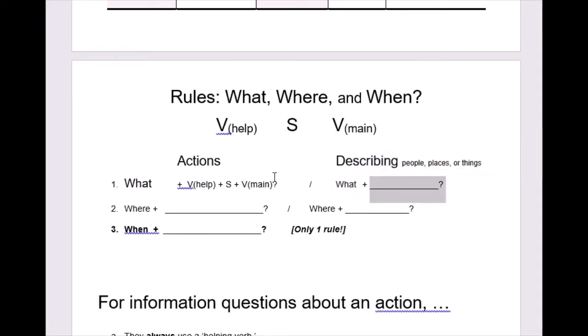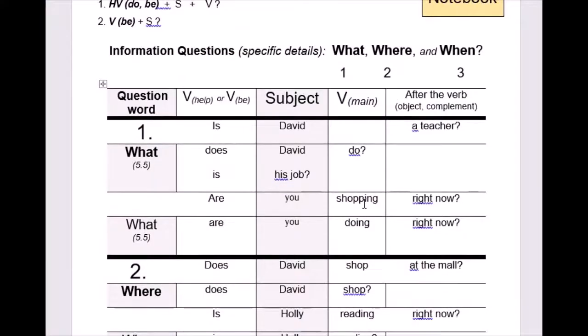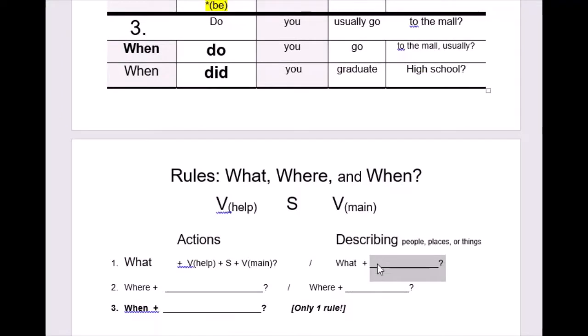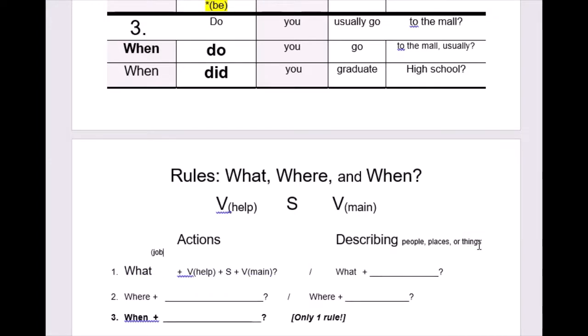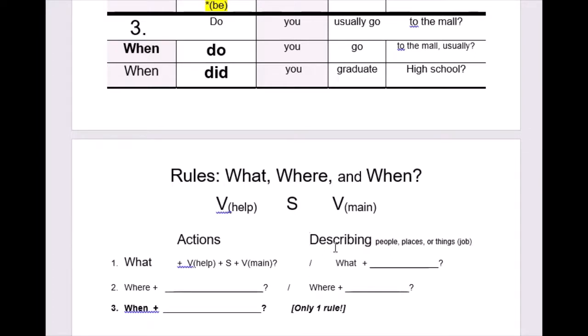And if I describe it, I can describe people, places, or things. What I need is an example like, what is his job? Okay, if you're asking about describing people, places, or things, and I'm talking about a job in this case, then I'm just going to use verb be, okay, plus the subject.